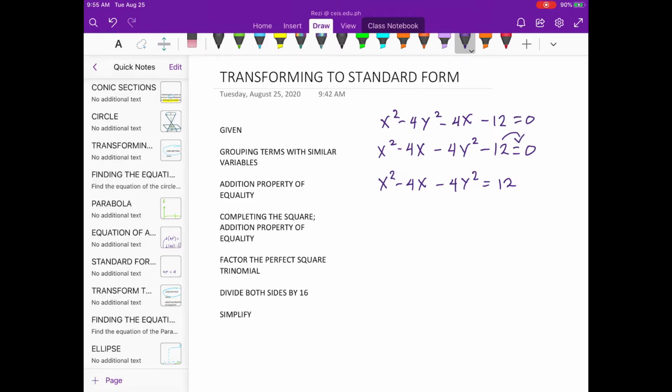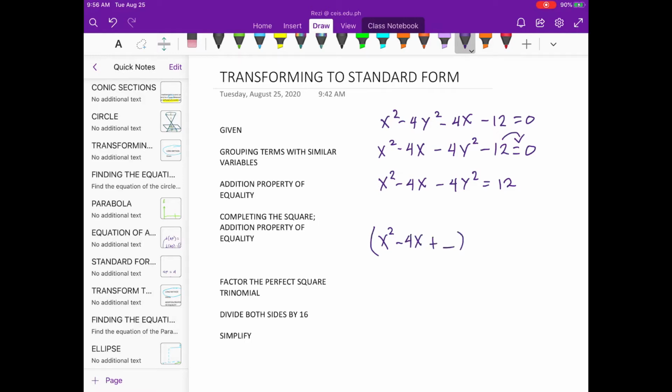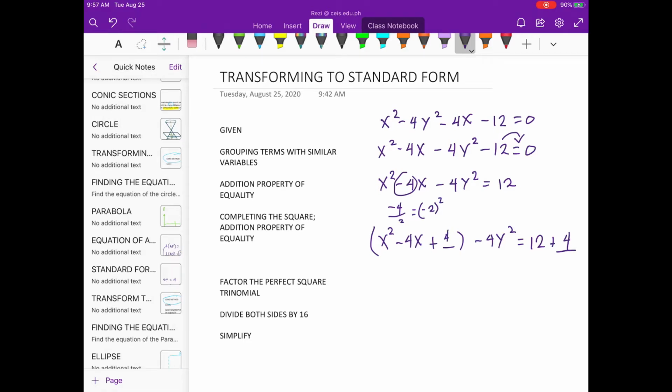To complete the square, we need more spaces. After completing the squares, let's factor the perfect square trinomial.